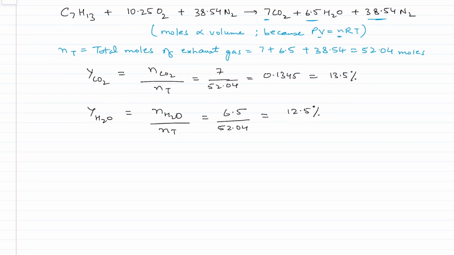And last but not the least, here you'll see the Y N2 would be moles of N2 divided by total moles, which is 38.54 divided by 52.04, which is equal to 74%.